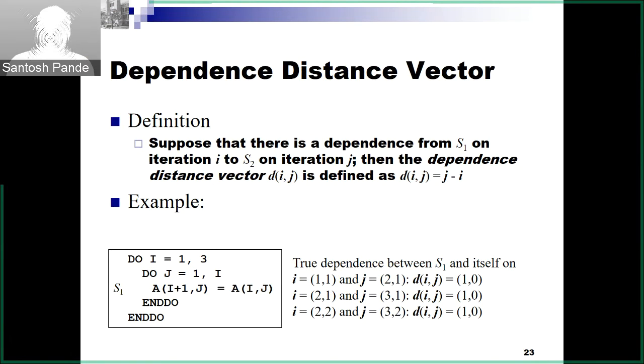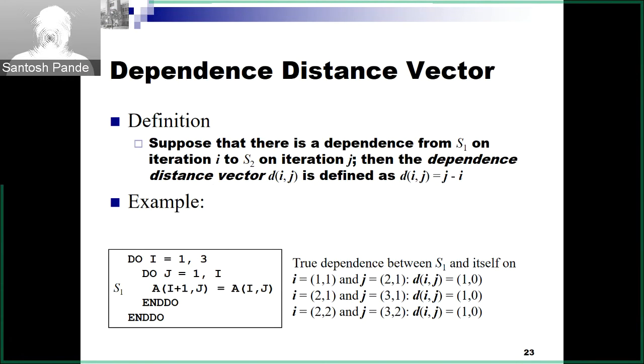But the distance is simple. j minus I, that value, whenever there is a dependence, the relative difference between the two iterations is basically the dependence distance. And the vector representation of this is basically a distance vector.